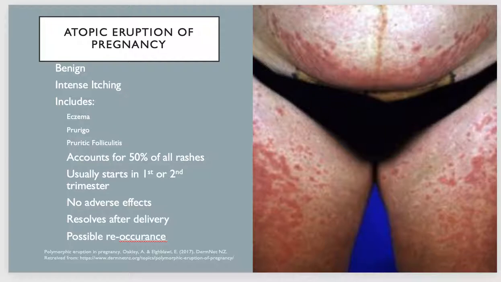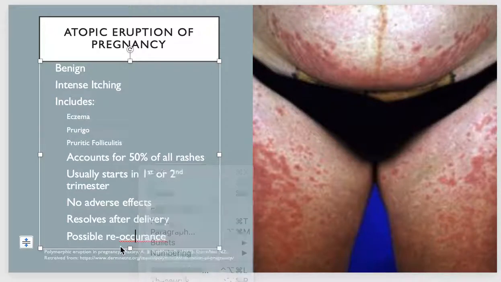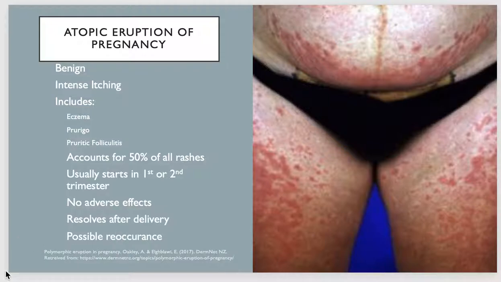The good news is there's no adverse effects to mom or baby. It goes away after delivery. The bad news is that there is a possible recurrence with future pregnancies. It's just the way this woman's skin is responding to the hormones that the placenta is producing.